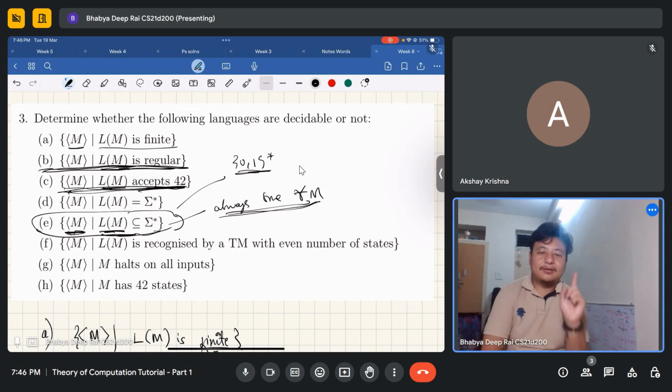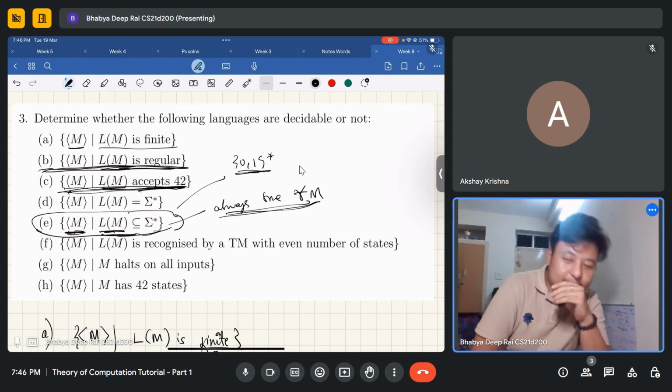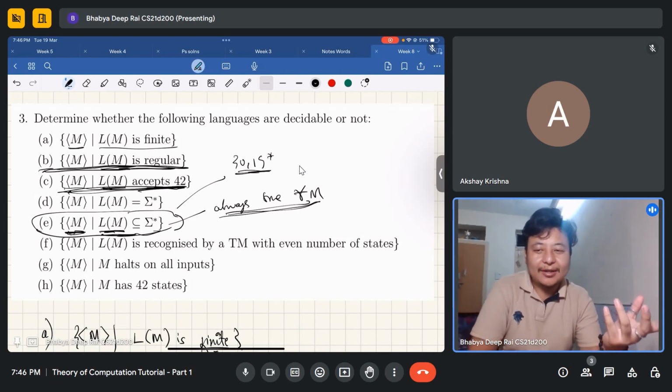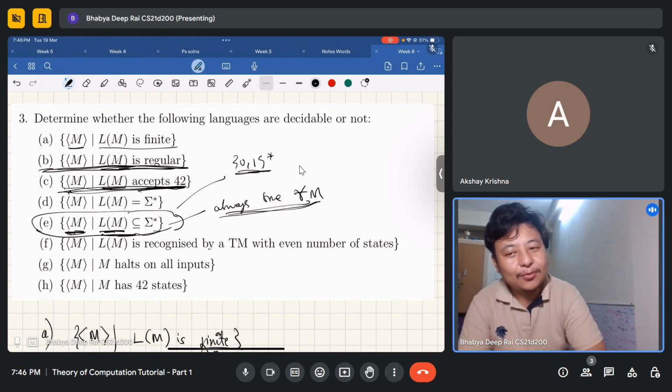Think about it for a while. Do all Turing machines that someone designs always accept 42?